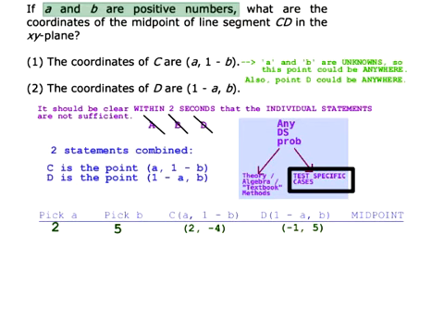The midpoint of those is the average of 2 and -1, which is 1/2, and the average of -4 and 5, which is also 1/2.